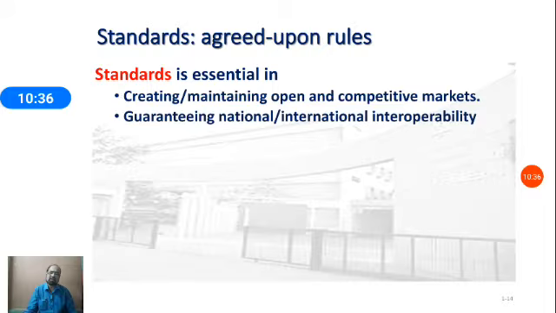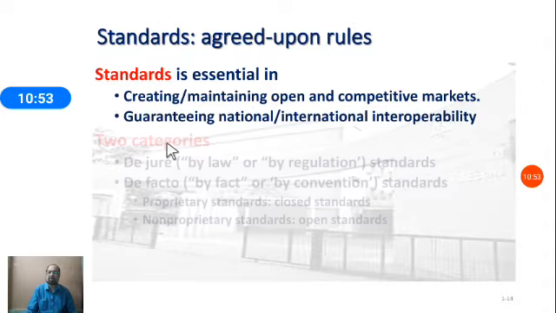So at the same cost, or by paying a little money, I am able to use the 4G network. So I will prefer that. So with 4G, standards are defined. So here the national and international interoperability is guaranteed.